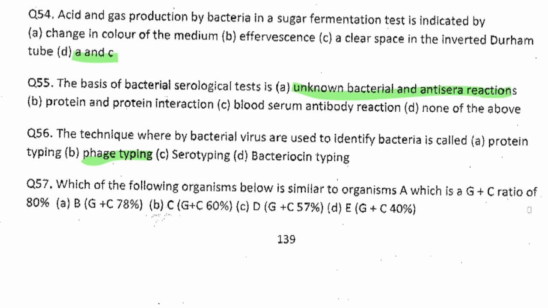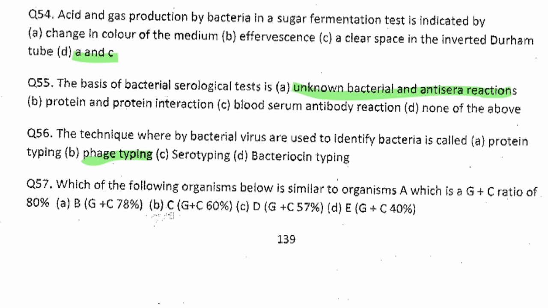The G plus C ratio here, you are looking at organisms that have high GC content. So if we have 80% here, then just look at the one that is closest to it.